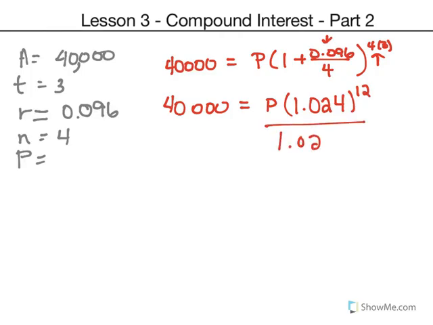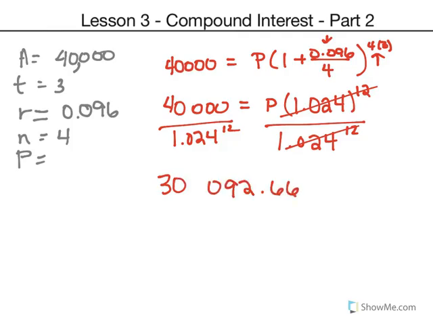Divide both sides by 1.024 to the power of 12. This will cancel. And when you type 40,000 divided by 1.024 yx 12 into your calculator, you get $30,092.66.